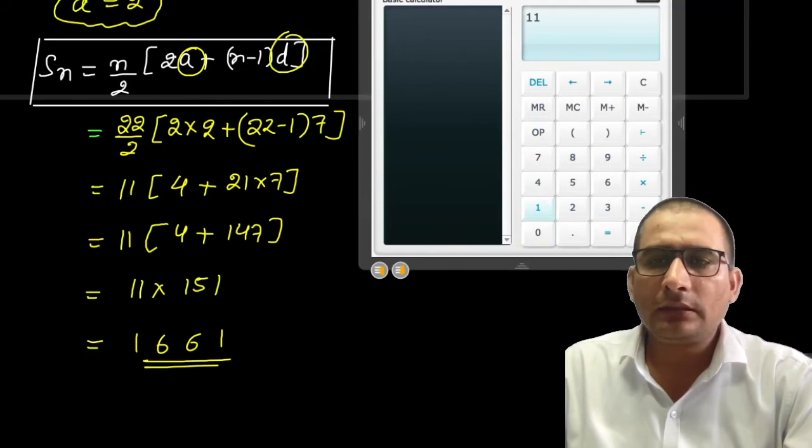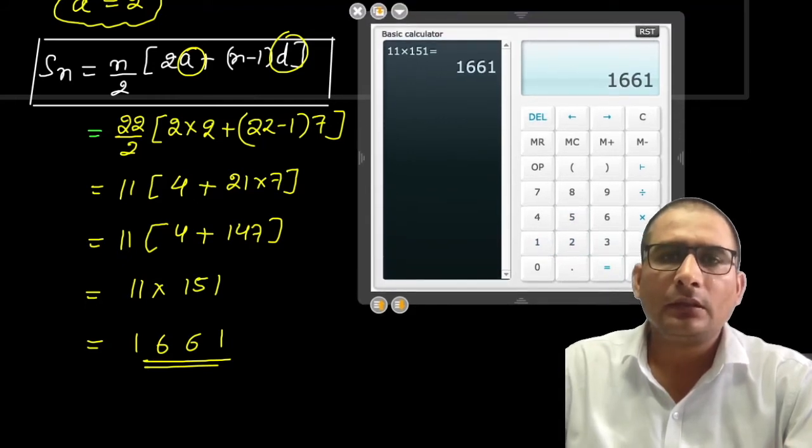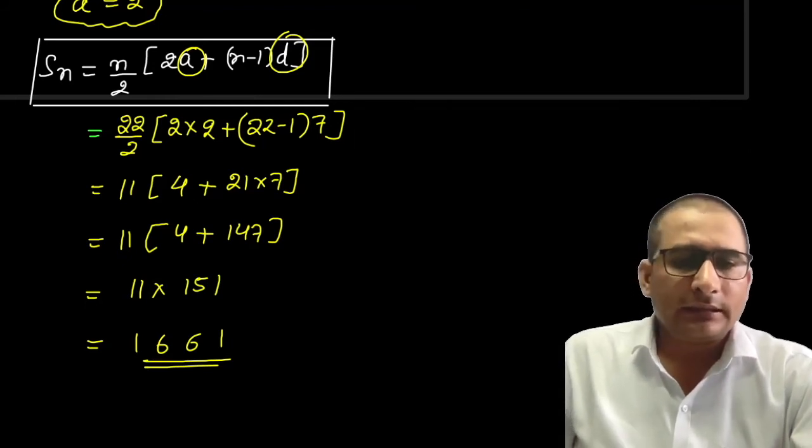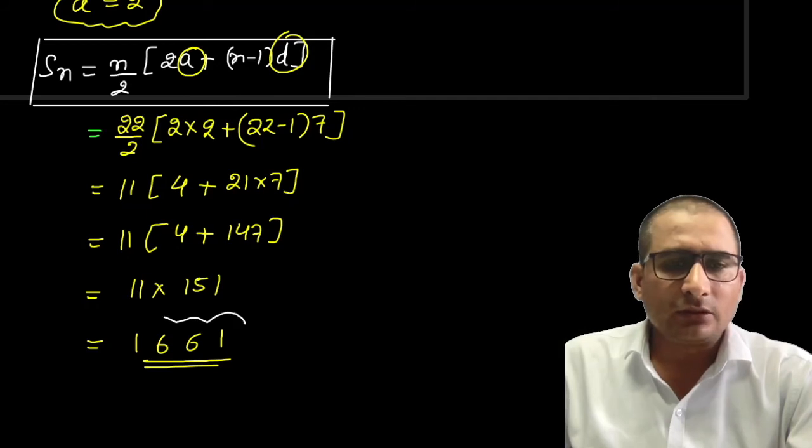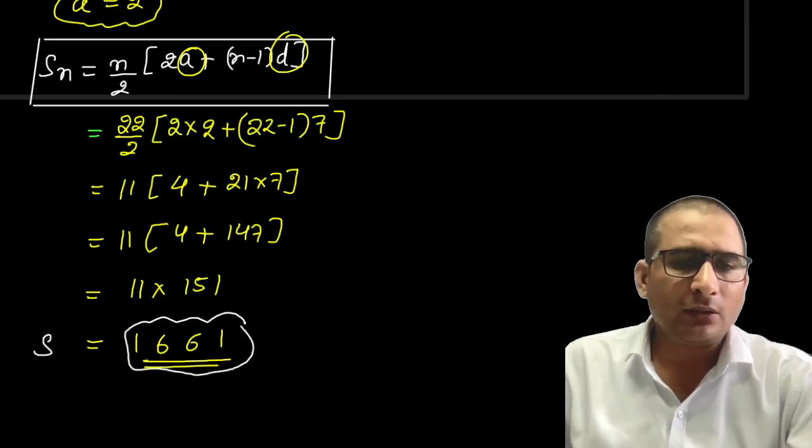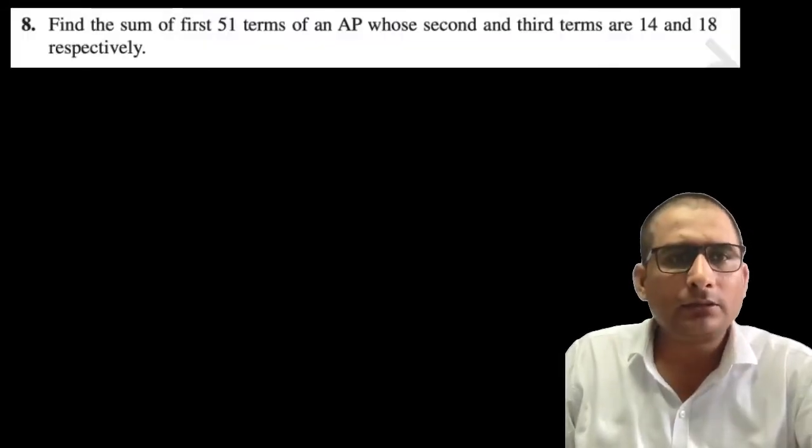So 11 into 151. Yes, it's 1661 is the answer in this case. I hope this question is clear to you. So this is S22. Okay, look at this question 8 here.